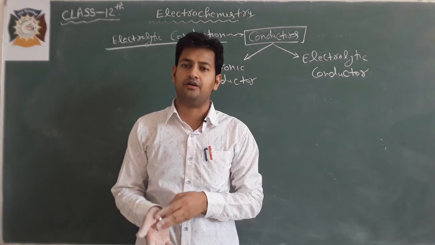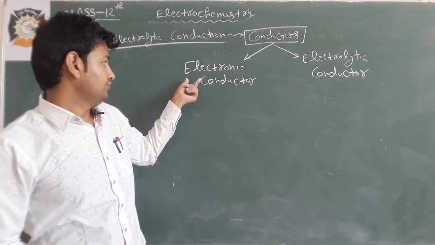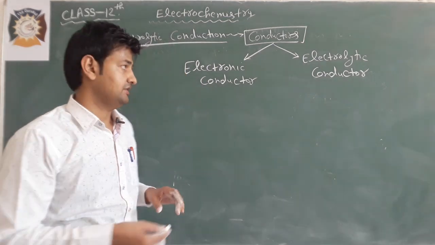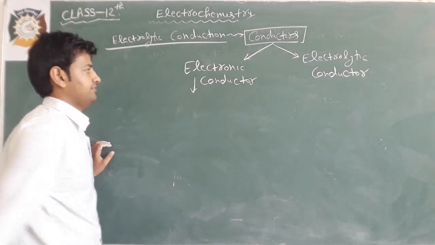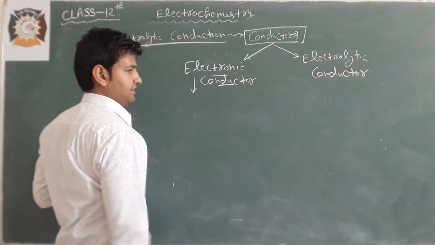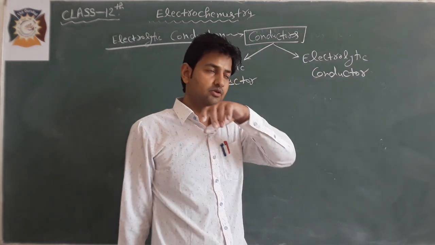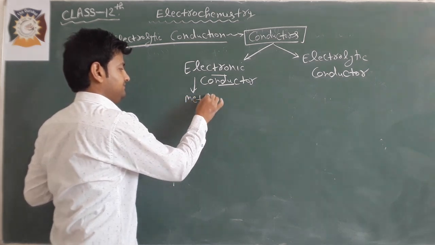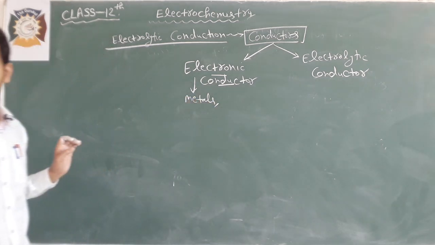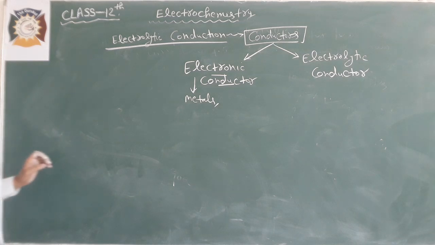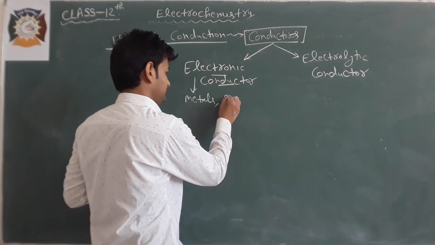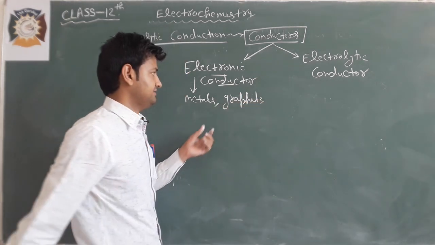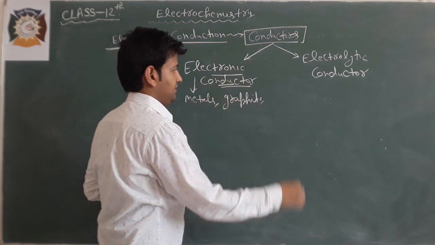Electronic conductors, when current is passed through them, do not dissociate into ions. They do not undergo decomposition. Such types are many metals, as well as graphite and certain minerals. Metals, graphite, and some minerals are examples of electronic conductors.